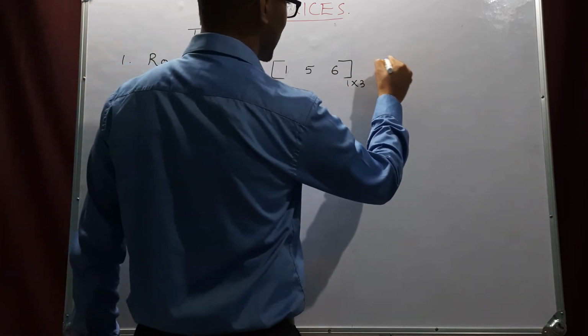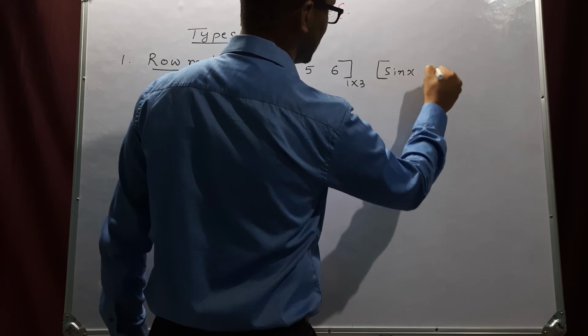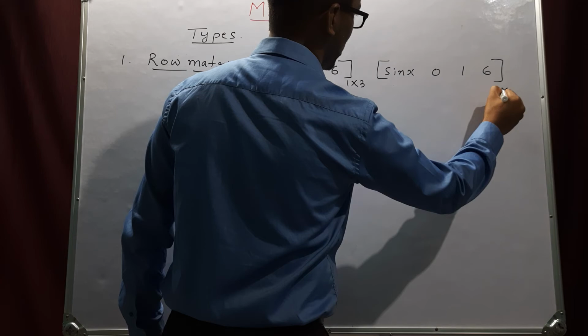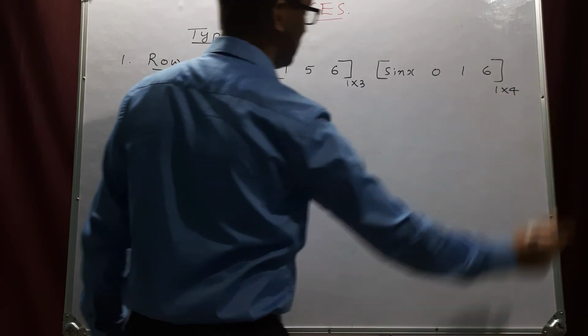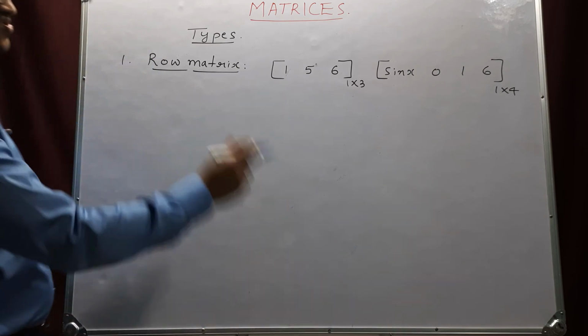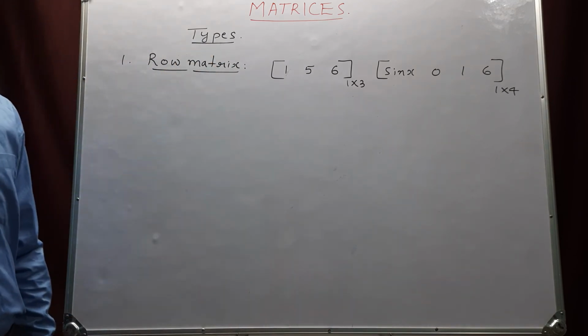If you want, we can consider one more example: sin x, 0, 1, 6. Here also the order of this matrix is 1 by 4 because it has one row, 4 columns. These are examples of a row matrix.